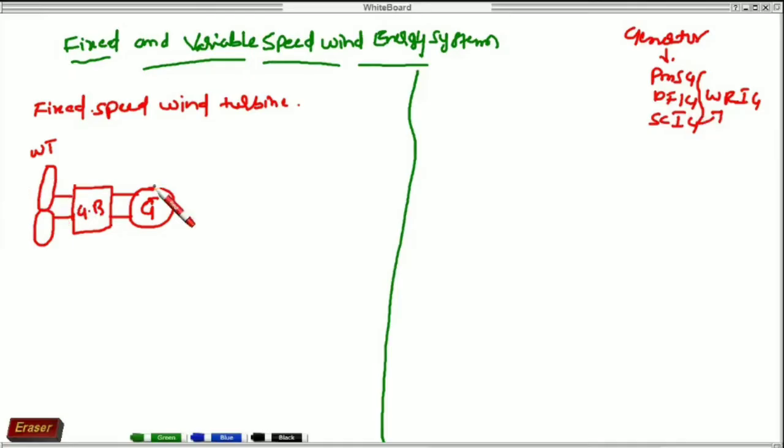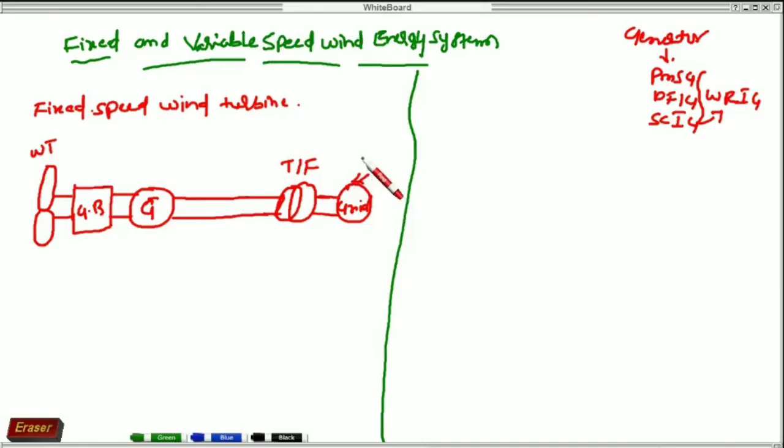If you are connecting the generator directly to the grid, it is connected with the help of a transformer. We connect the transformer to the grid, right?